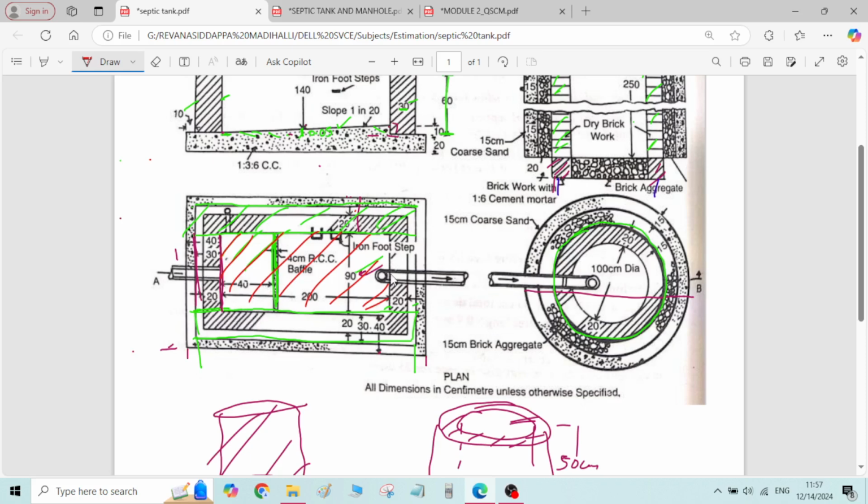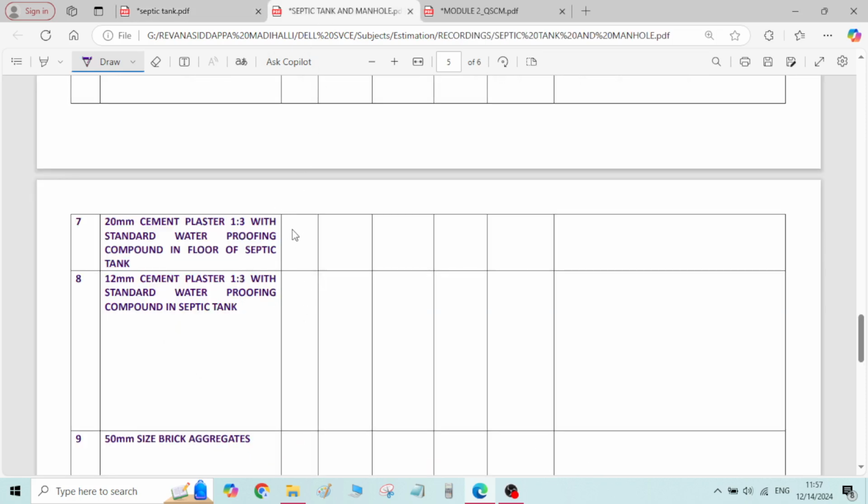That is length multiplied by width. Whatever the inner dimension of the septic tank, for the same dimensions we will do the plastering work in the floor. So 200 centimeter is the length of the plaster, 90 centimeter is the width of the plaster. Multiplying both, you will get the area of the plastering work.